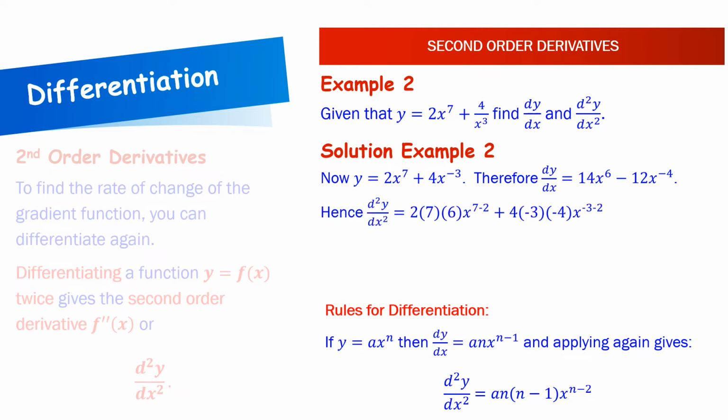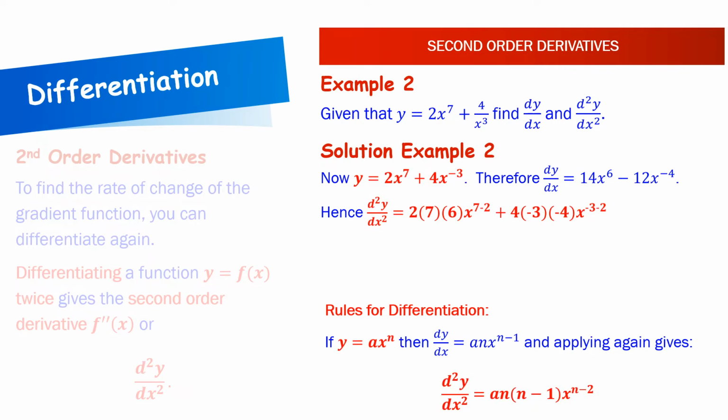And now for d2y dx squared. Applying the highlighted formula gives us 2 times 7 times 6 times x to the power 7 minus 2 for the first term, and 4 times minus 3 times minus 4 times x to the power minus 3 minus 2 for the second term.